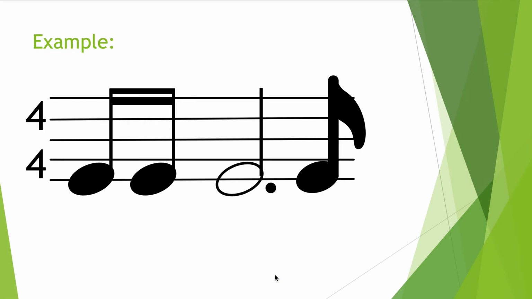So now let's do a really complicated example, combining topics from last video and this video. So right here, I'm just going to write what we have. We have 2 16th notes. We have 1 dotted half note, and we have 1 eighth note.